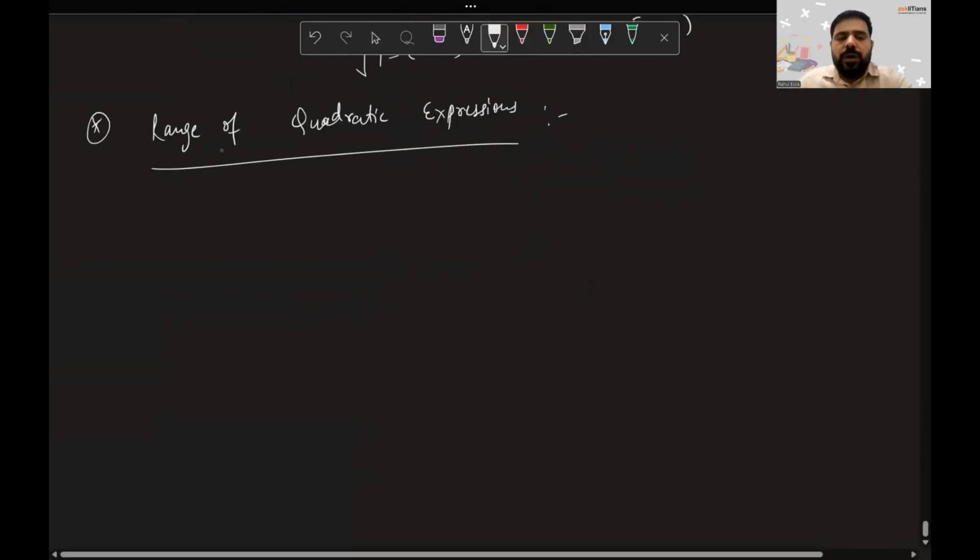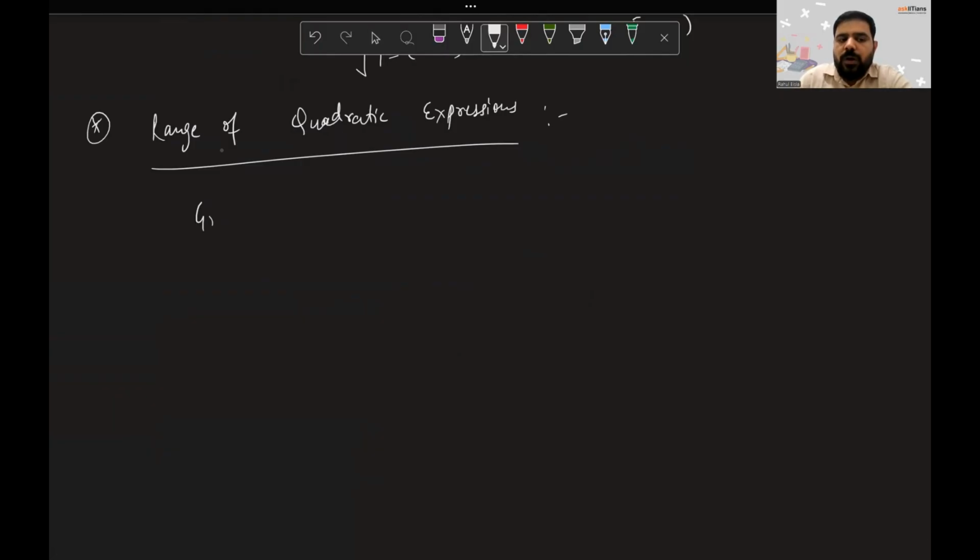I think you are already aware of the fact that the graph of a quadratic is a parabola. The exact definition you will learn in the conic section, but you've seen it, it might be upward opening, downward opening, something like this. So this is the function that we'll have.